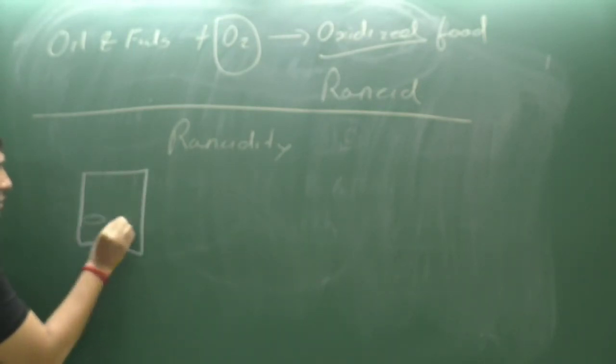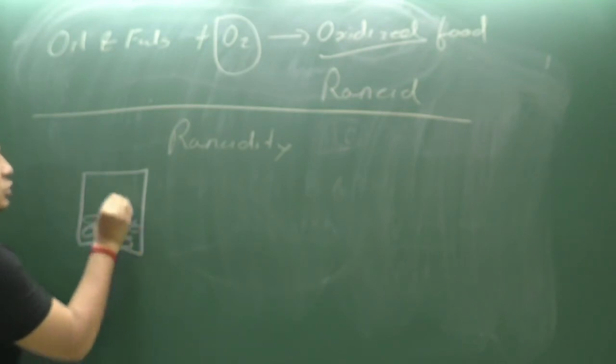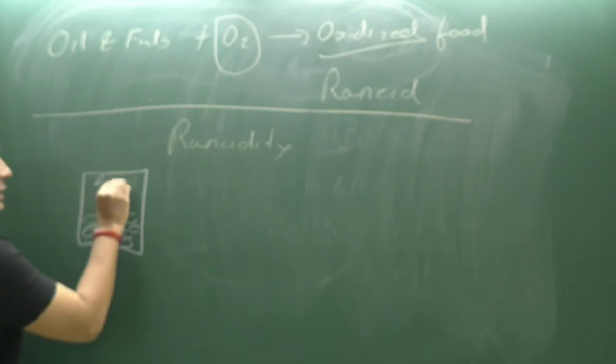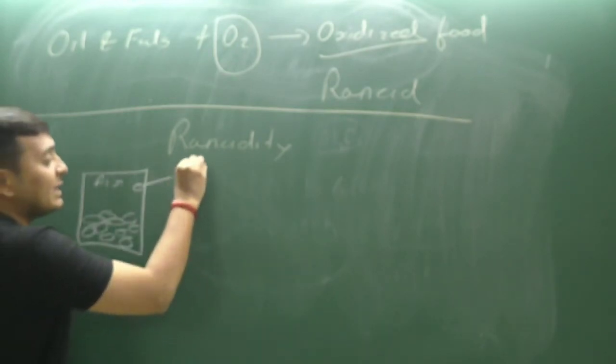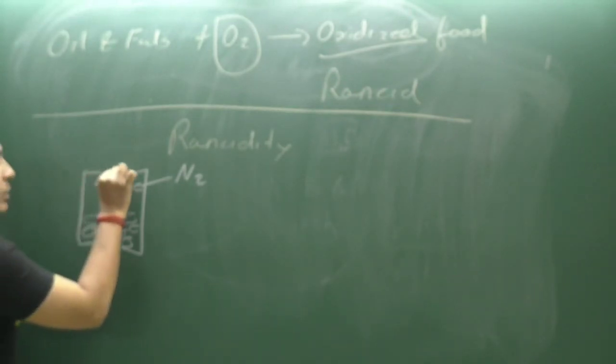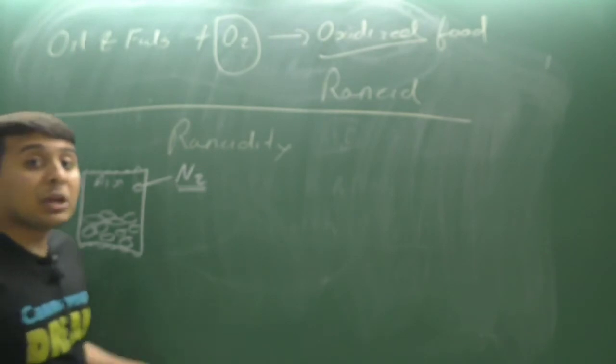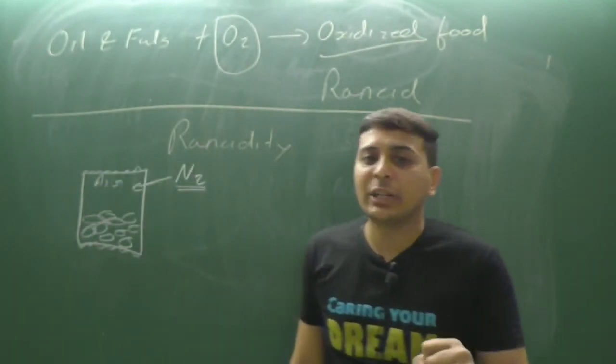Clear? So here there are chips, but most of the space is filled with air. This air will be nitrogen. So any packet of chips contains nitrogen. Why? Because nitrogen is a non-reactive gas.